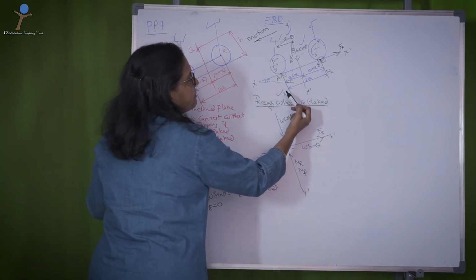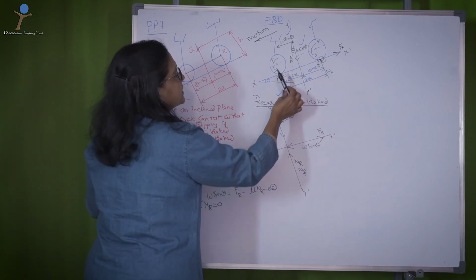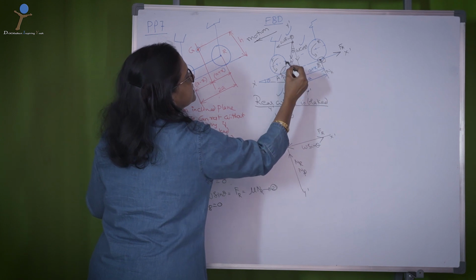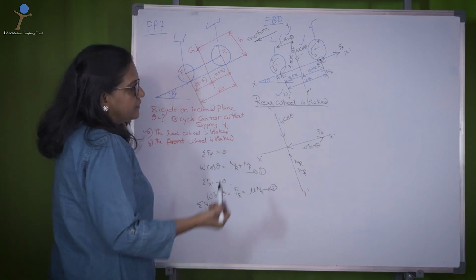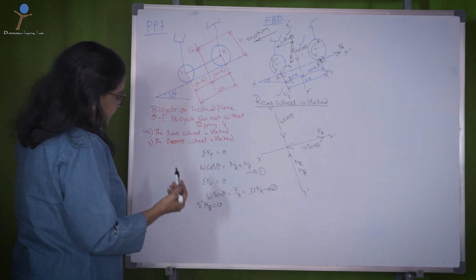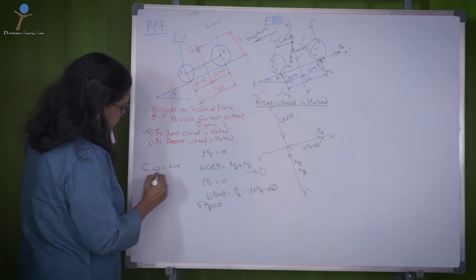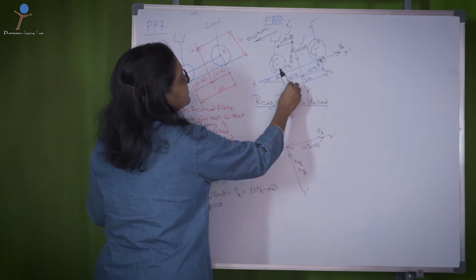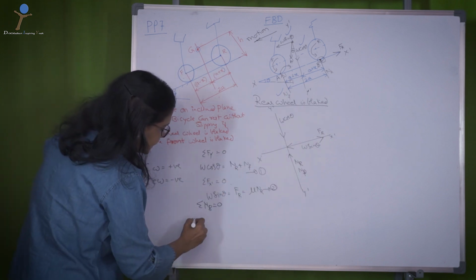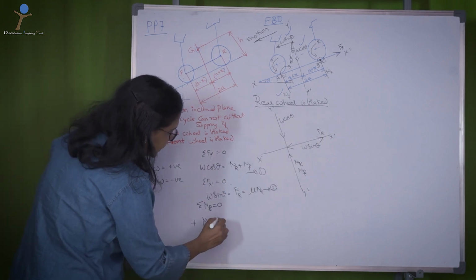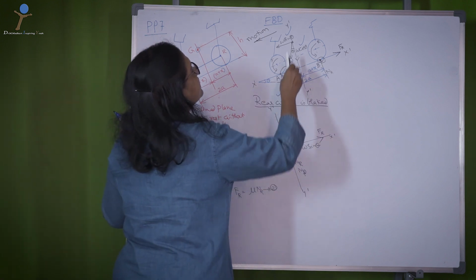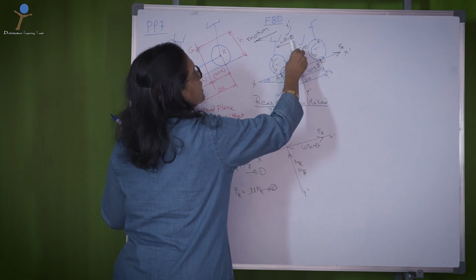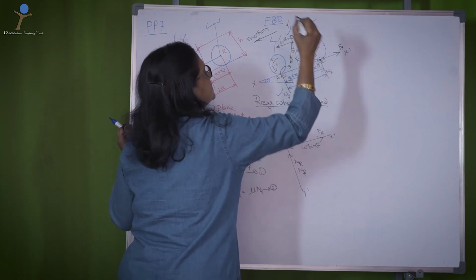The moment caused by NF about the point B: NF is in the upward direction, so it rotates about B in the clockwise direction. We already have the convention, clockwise is positive, counterclockwise is negative. So this clockwise force is NF, distance is 2a, so plus NF into 2a is one moment. Then w cos theta, which is in the downward direction, takes moment about B in the opposite direction.